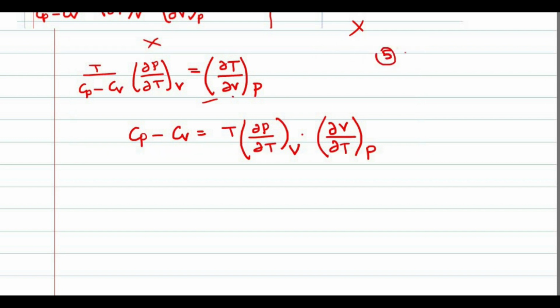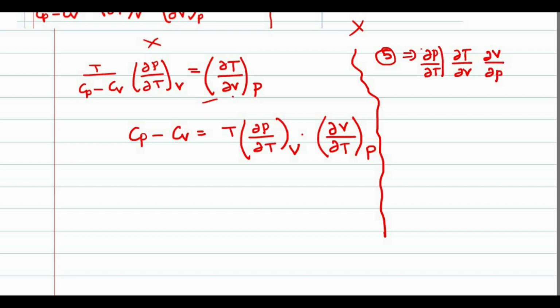So equation 5 is dou P by dou T, dou T by dou V, dou V by dou P, this at constant volume, this at constant pressure, and this at constant temperature, is equal to -1.